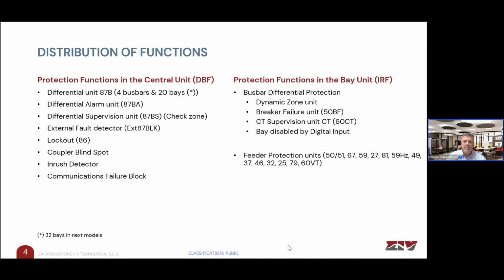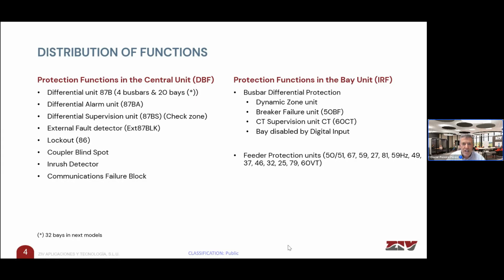But apart from that differential protection, we have other additional units also located there, such as an alarm unit, the supervision unit, commonly known as the check zone, inrush detector, lockout, etc. Those are protection functions that, due to their nature, belong in the central unit.